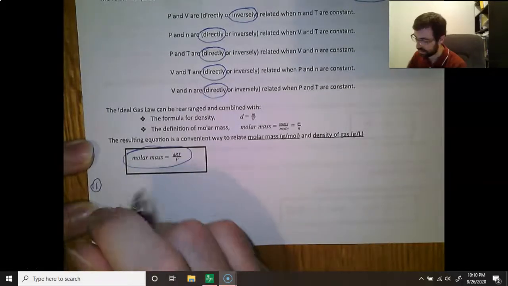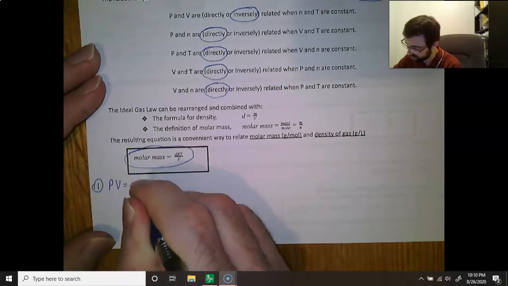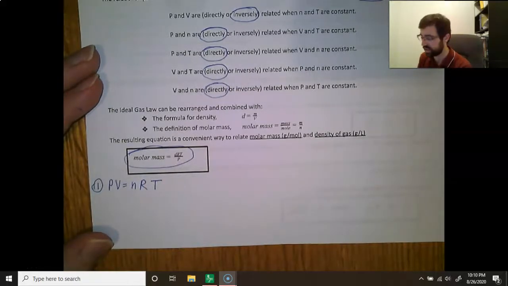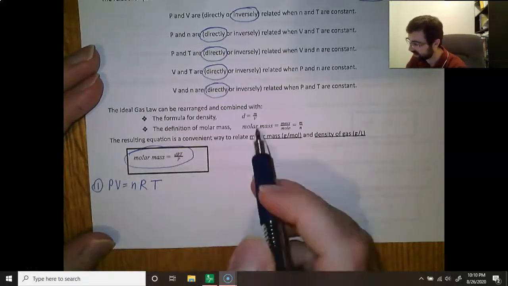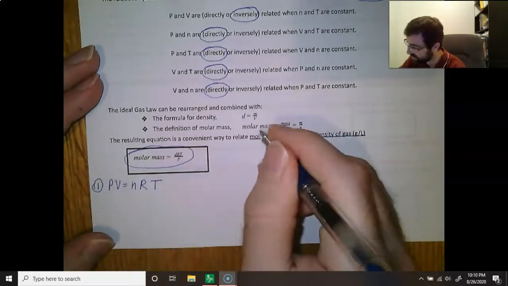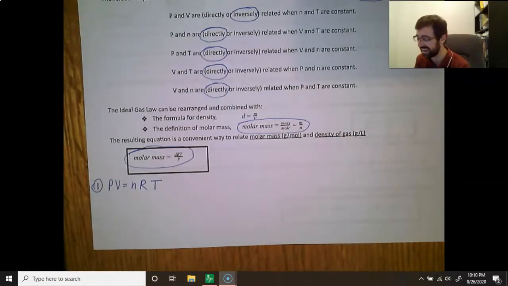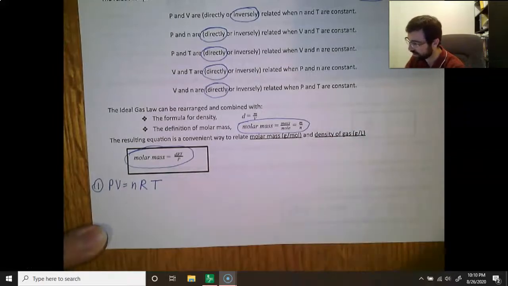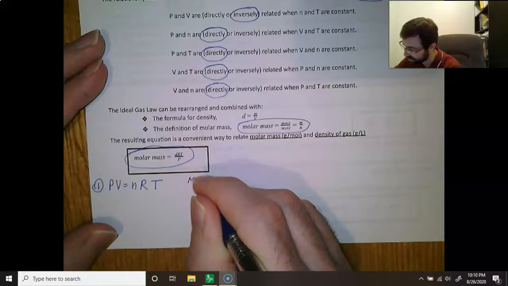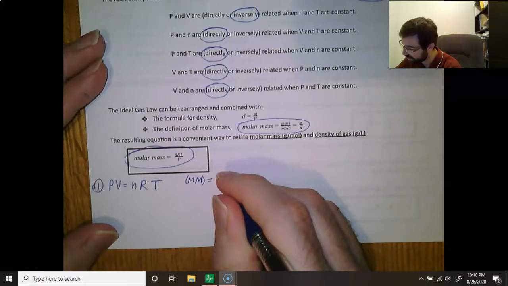The first step is plugging into PV equals nRT. So I've got PV equals nRT, and we're going to use some definitions to plug into here. I immediately see that n is a part of this, so I could use the definition of molar mass and substitute something in for n. Molar mass, which I'll represent with capital M, is equal to mass over moles, m over n.